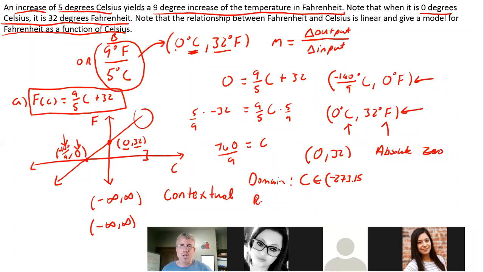And then the range is going to be what is the Fahrenheits that go with it. So Fahrenheit is an element of, does anybody have the Fahrenheit temperature? Or do I have to look that back up? There'd be two ways to do it. Look it back up in Google, or what else could you do? You can plug it into the equation. Yeah, you could plug this, exactly. That's the point. You could plug this thing here that represents the extreme. You could plug it in here and just calculate F, the lowest possible Fahrenheit.